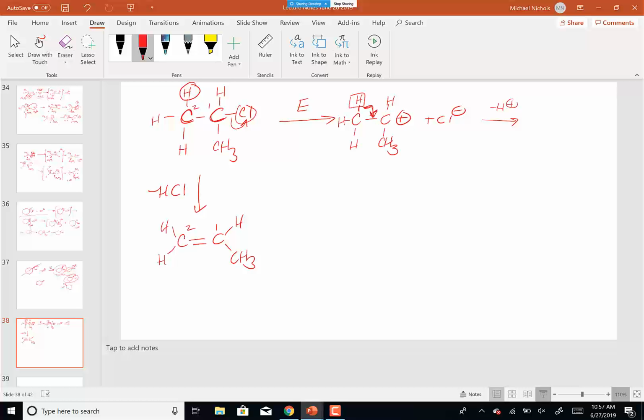And the final product I would make then would have the double bond form between, in this case, carbon 1 and carbon 2. So this is an elimination reaction. I'm eliminating HCl from my molecule to form an alkene.